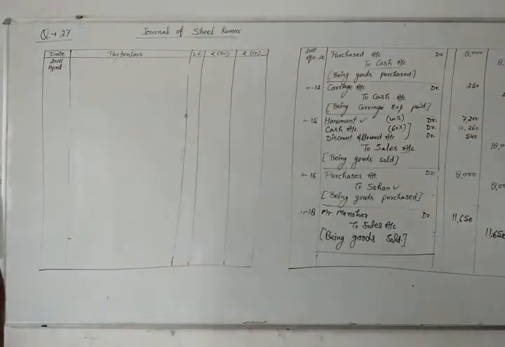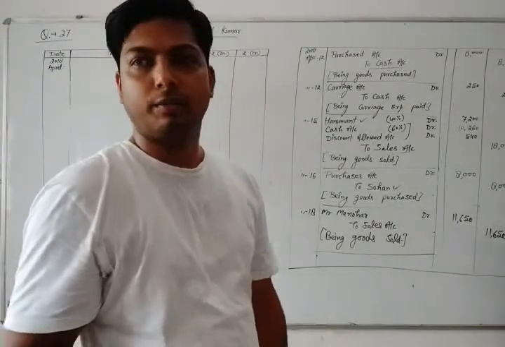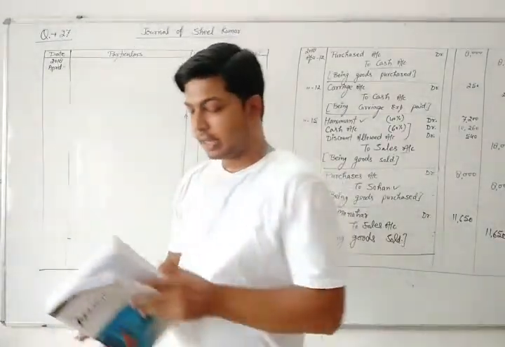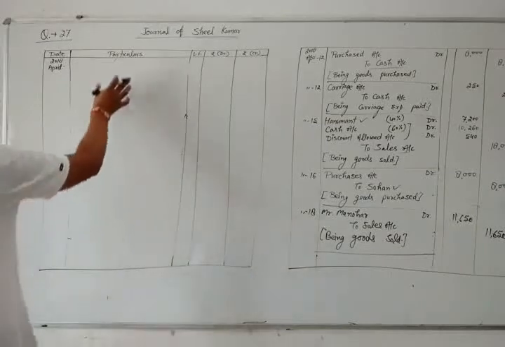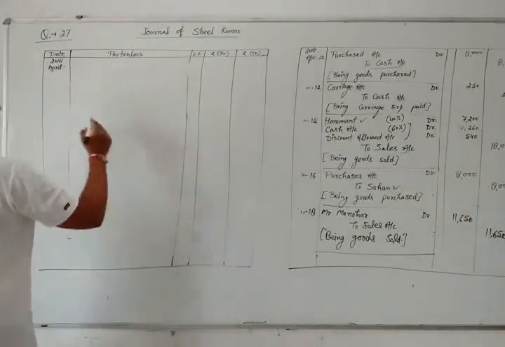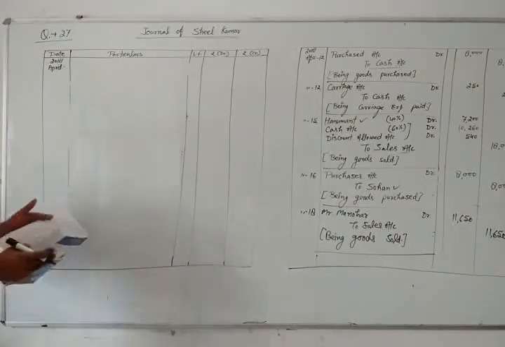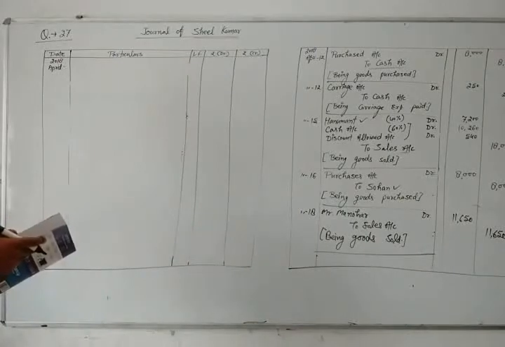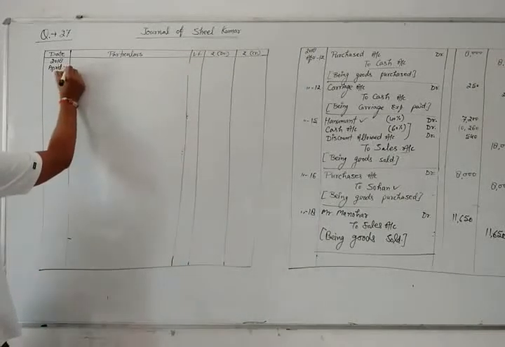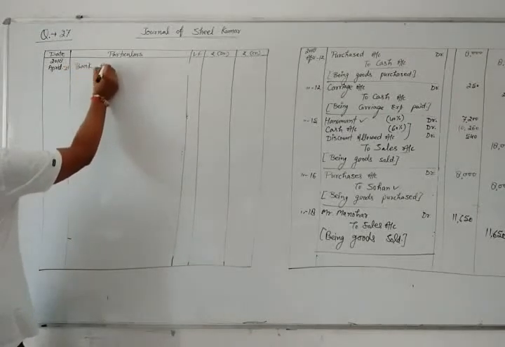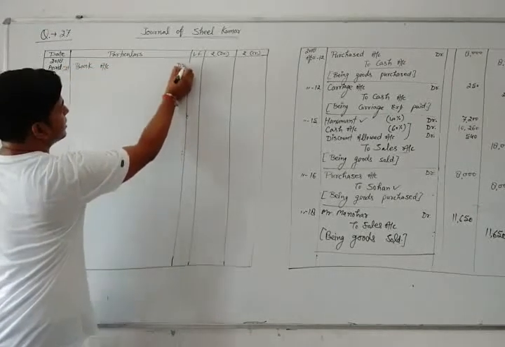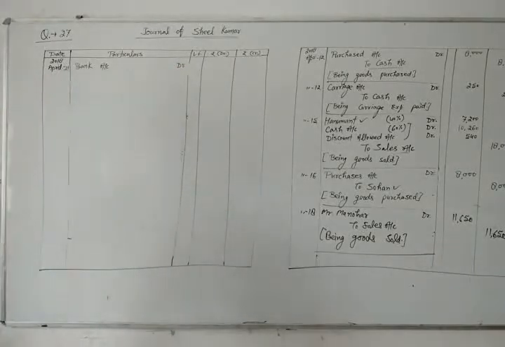So what are we going to receive? We are going to receive cash, in terms of commission. Cash comes in, but by check. So check will be represented with bank here. Entry date is 21. We are writing bank account debit to commission account, being commission received. Whenever any transaction is made by check, it will be written with the help of bank.